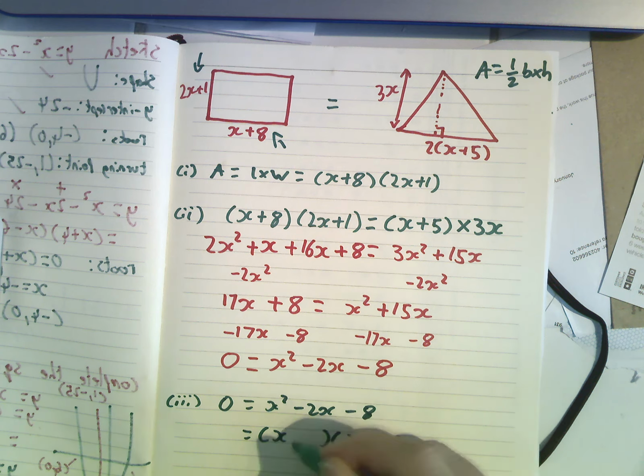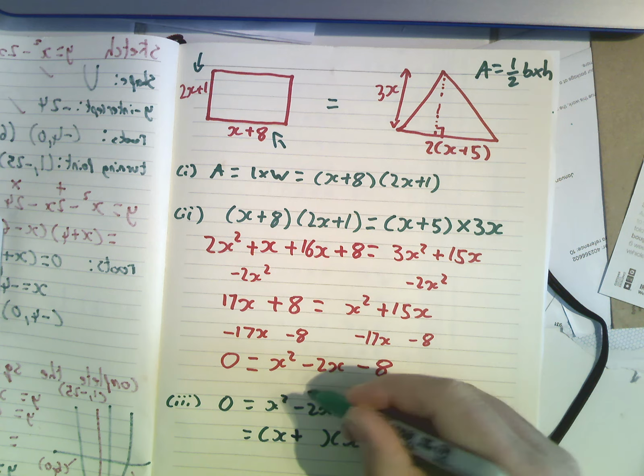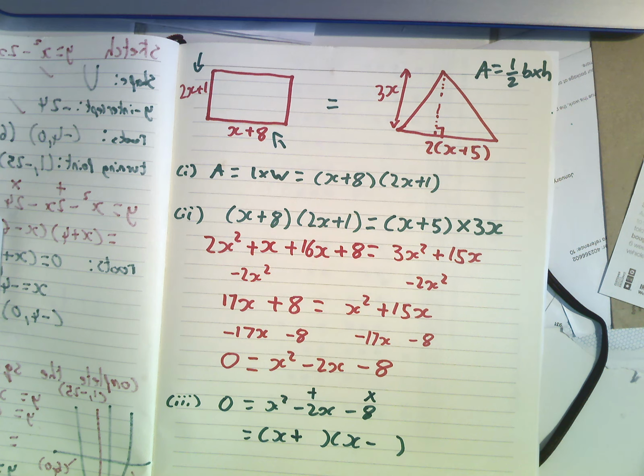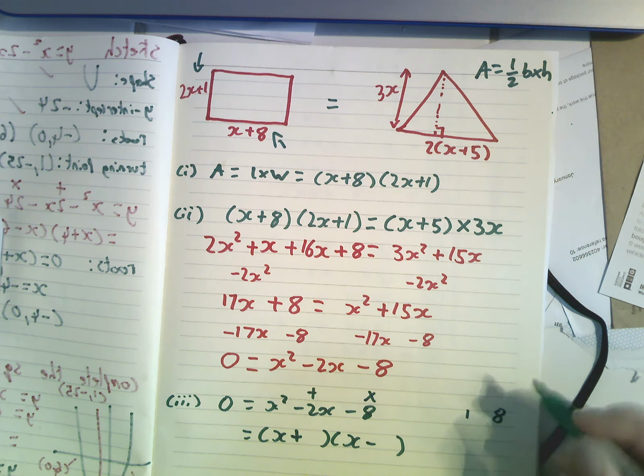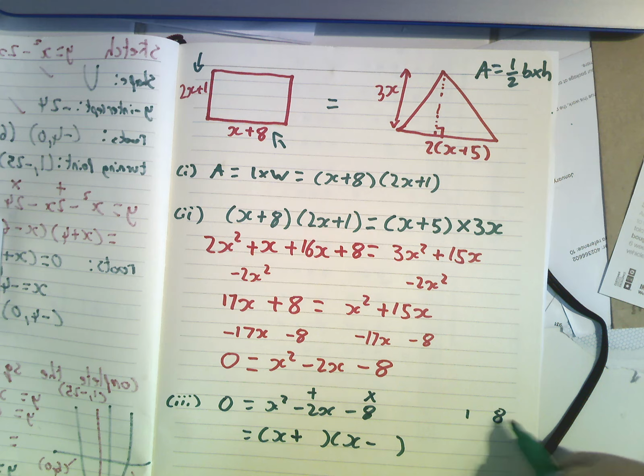So because this is a negative, we know we need one positive and one negative. And so we're just going to have a little think about how we can times to make negative 8 and add to make a negative 2. Okay, so the ways to make 8 are 1 and 8. But 1 take away 8 is not going to work. 8 take away 1 is not going to work.